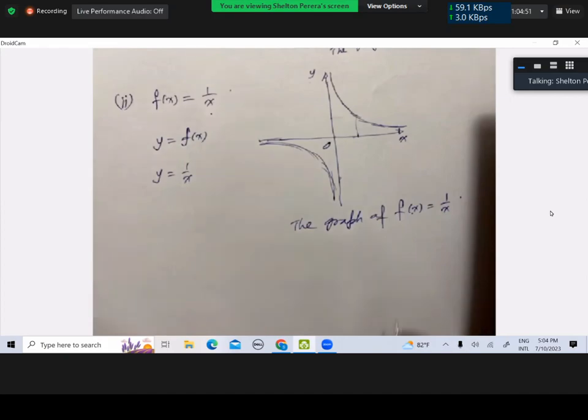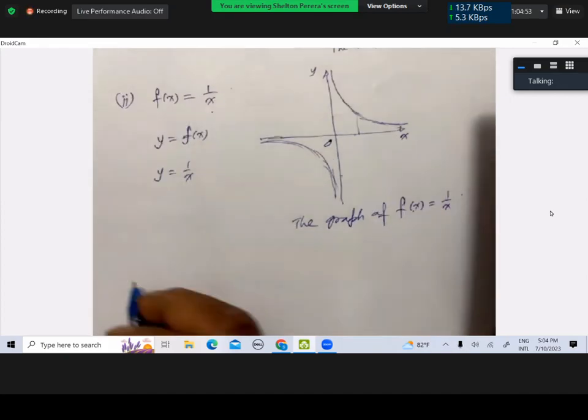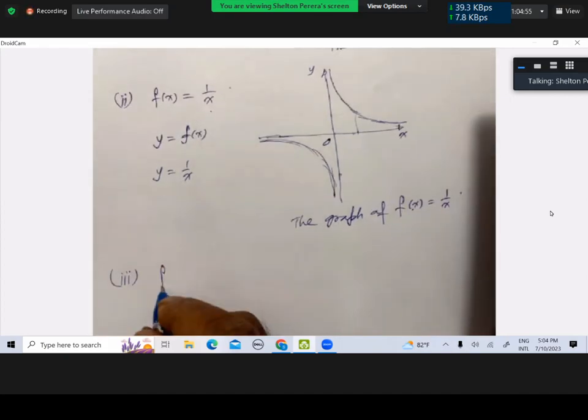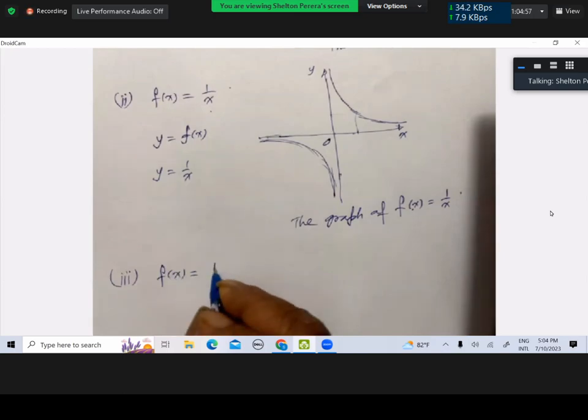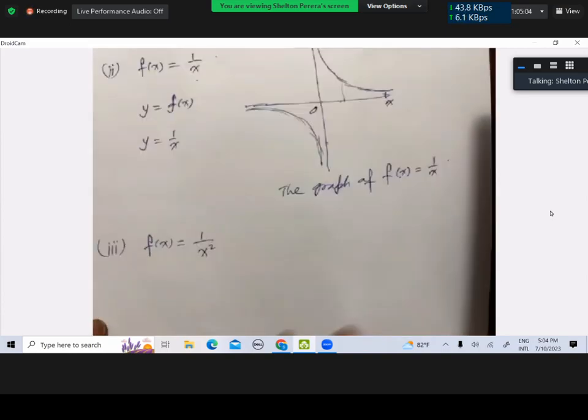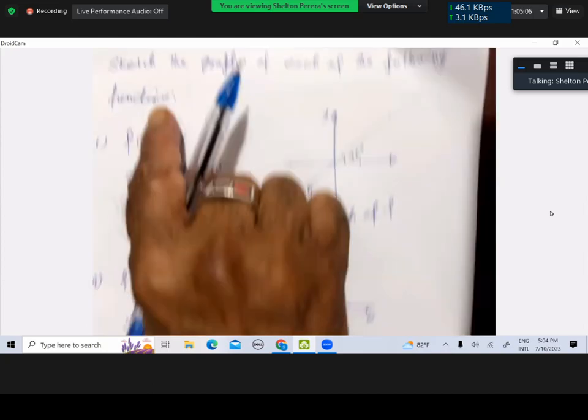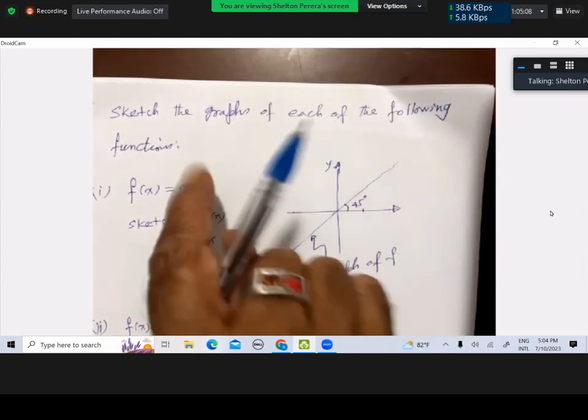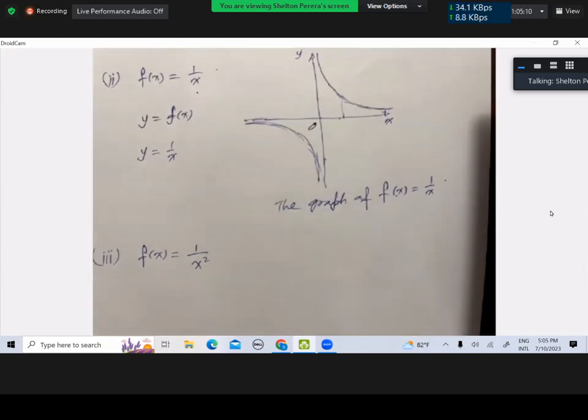Then comes f of x equals x squared. It makes you comfortable and confident when you know these shapes by heart. How do I sketch the graph of that function? It's a good thing to find the domain, because if x is not in the domain, the rule doesn't make sense.